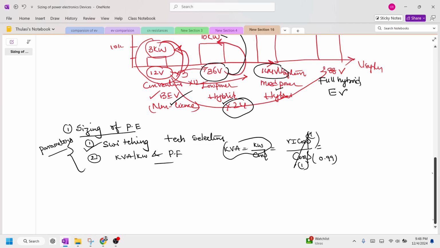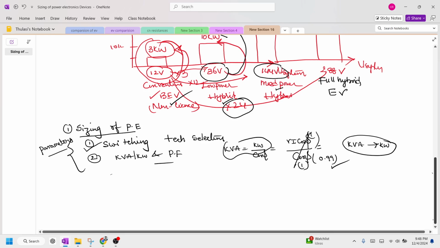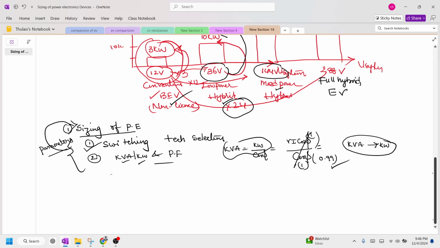Therefore, I can say that the kVA rating of the motor is nothing but the kW rating of the motor. So this is how we select the kVA rating or kW rating, and how you consider the power factor. All these parameters will influence the size of the motor, and how you select your switching technology for the power electronic devices is going to decide the size of power electronic devices.